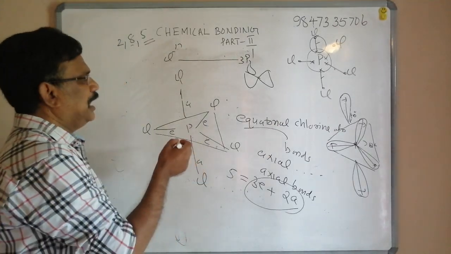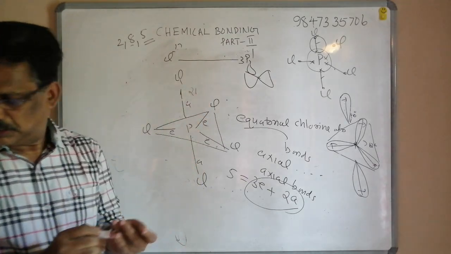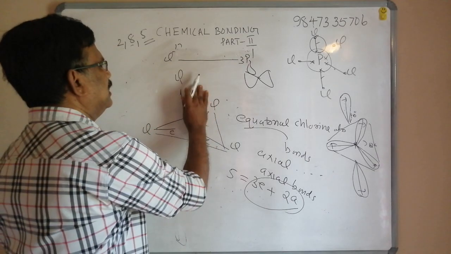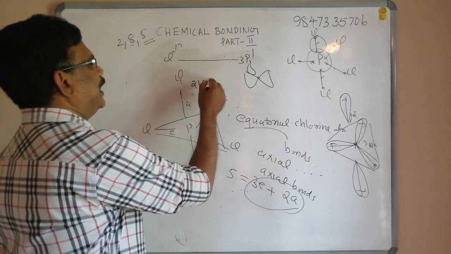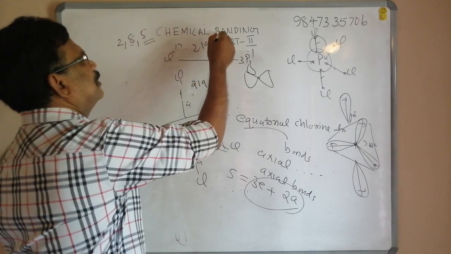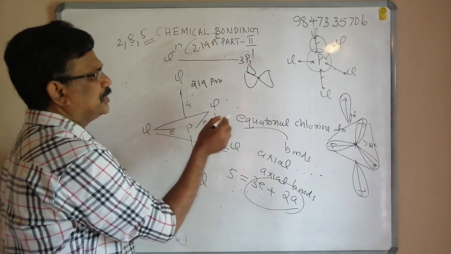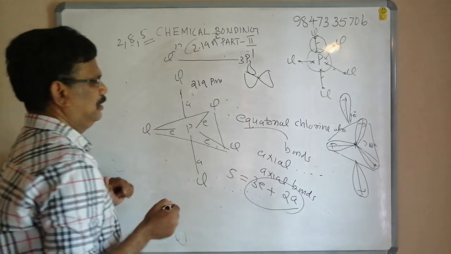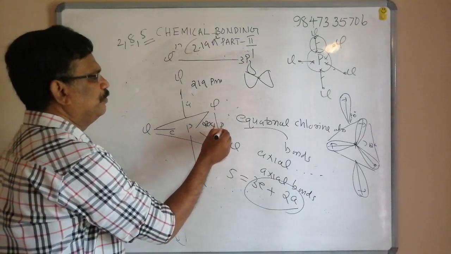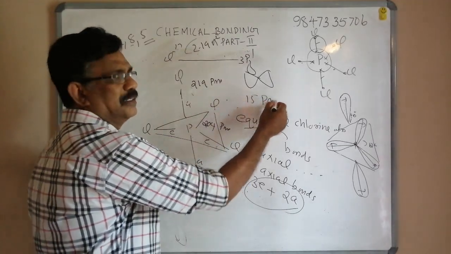The axial bond length was found to be 219 picometer, or 2.19 angstrom, and the equatorial bonds, these 3 bonds, were found to be 204 picometer. A difference of 15 picometer.